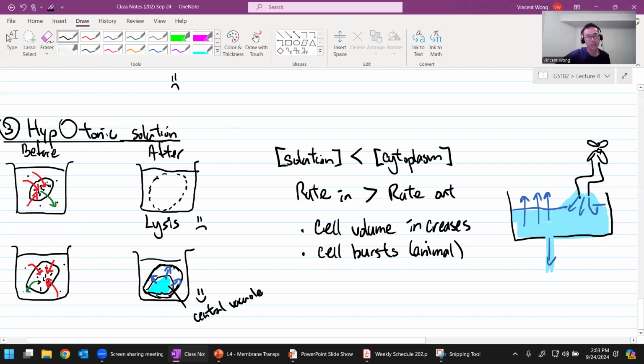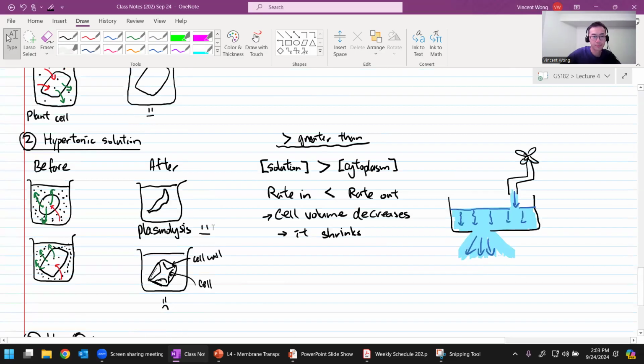So remember, hypo, when you see the big O, it means the cell's going to get really, really big. If it's animal cells, it's going to burst and die. If it's a plant cell, it's going to be all right. Is that okay? Three scenarios.